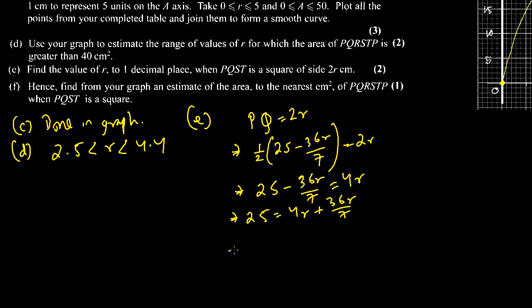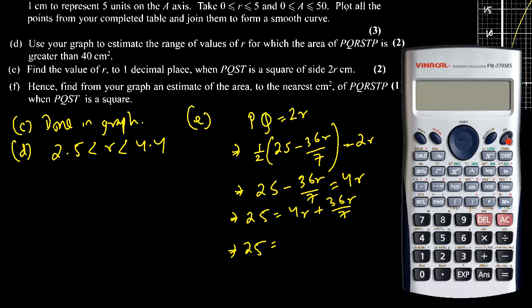And using the calculator, we can write 25 equals, now if I take R common, it would be 4 plus 36 by 7. So that would be 64 by 7.